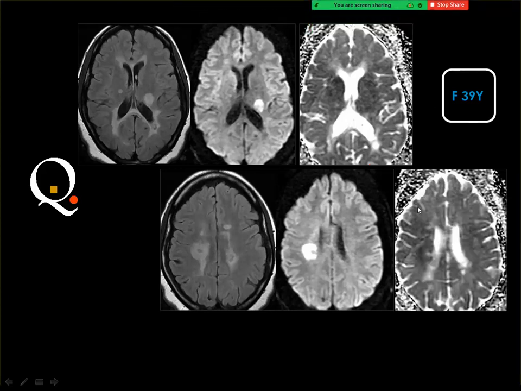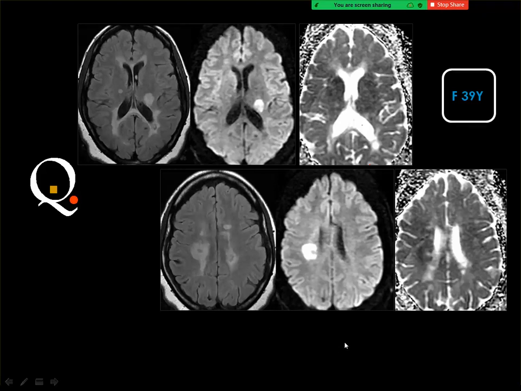Yes, right. This is MS because you have multiple white matter periventricular subependymal lesions, and these lesions frequently do not cause diffusion restriction. But it's reported in the literature that large lesions may produce diffusion restriction, and some of the literature says that you can depend on diffusion restriction for judgment of the activity of the disease without the need to inject contrast material.